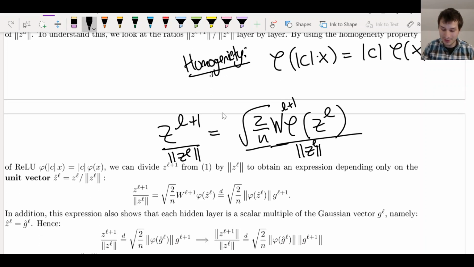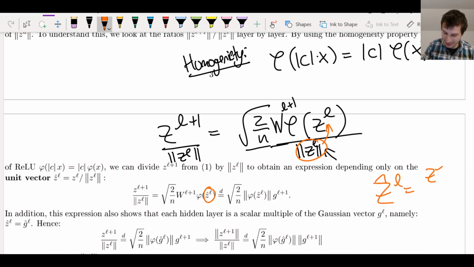And over here, I am dividing by the norm of ZL, and I'm going to just suck that right up into the ZL to get the unit vector. So this is what I'm calling Z hat L, which is ZL divided by the norm of ZL. And so by using homogeneity, we can turn this ratio of what's going on from layer L plus 1 to what's going on in layer L into something involving this unit vector.